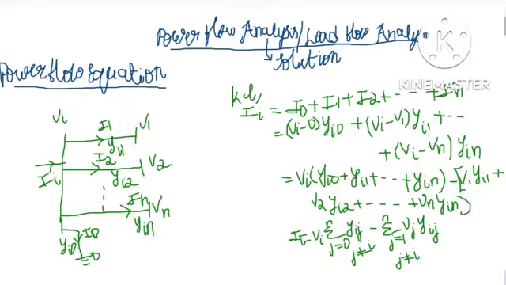Now, if you take Vi common, what we will get? If I take Vi common, we will get Yi0 plus Yi1 plus Yi2 and so on, plus Yin.